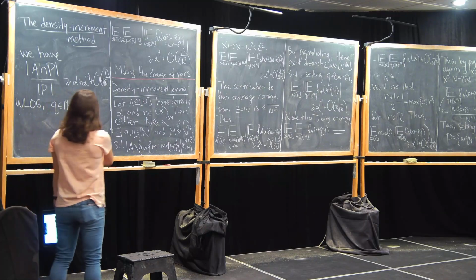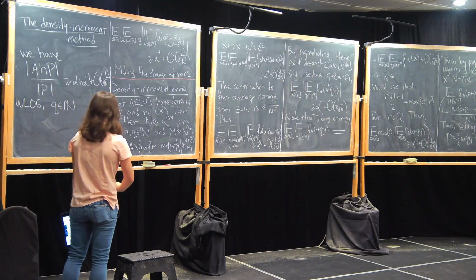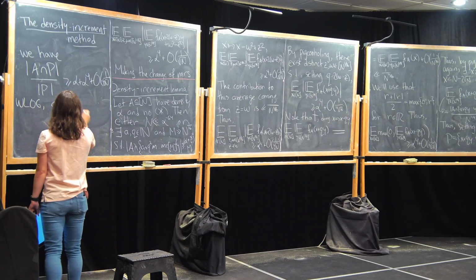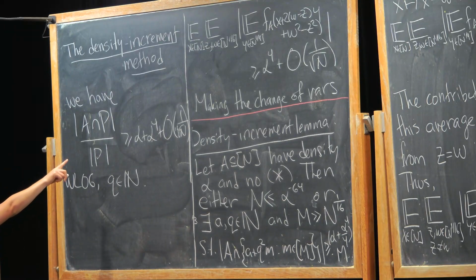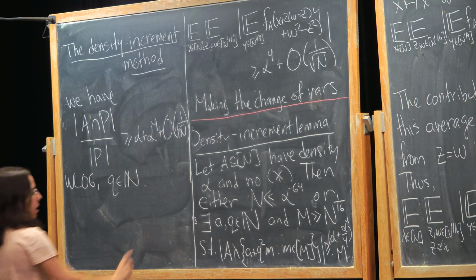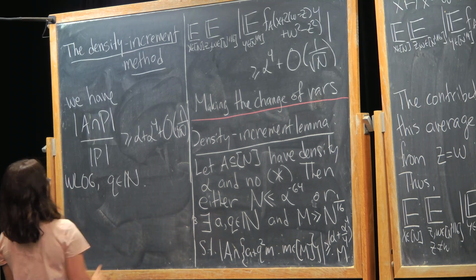Now to get the same statement, but with Q replaced by Q squared, we need to further partition the arithmetic progression P into subprogressions and then pigeonhole once more. And then we're truly done.